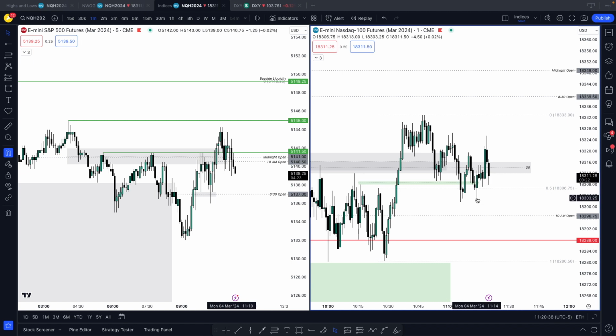So run out at the very least this low, if not this low, and then create new displacement and get back above this 30-minute SIBI. Then that could frame a long trade for me to reach up toward here and toward the opening prices. As long as it's below it, like it is right now, then I'm not interested in anything.